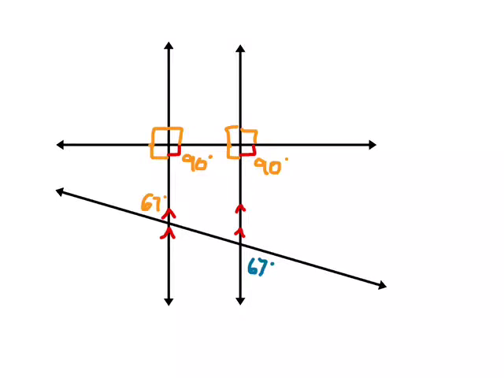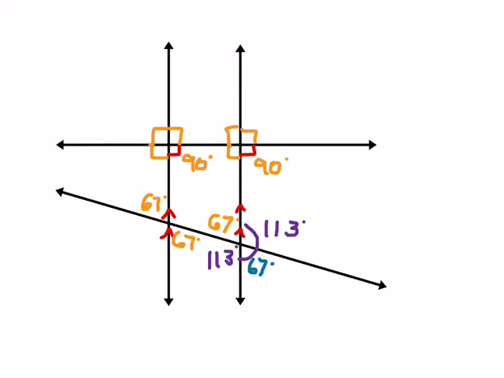Because both these 67s are vertical with the ones across from them, those will be 67. And because I notice that this is a supplementary set, I know that they'll have to add up to 180. So my missing angle measurement is going to be 113 degrees. Again, vertical over here, 113 degrees.